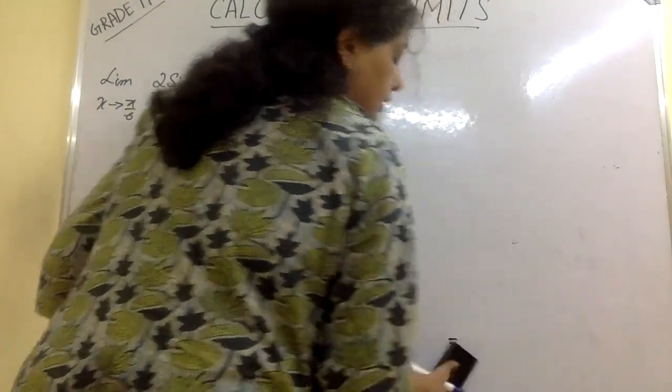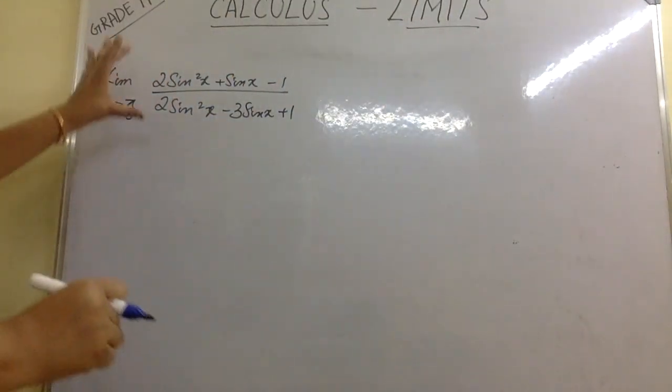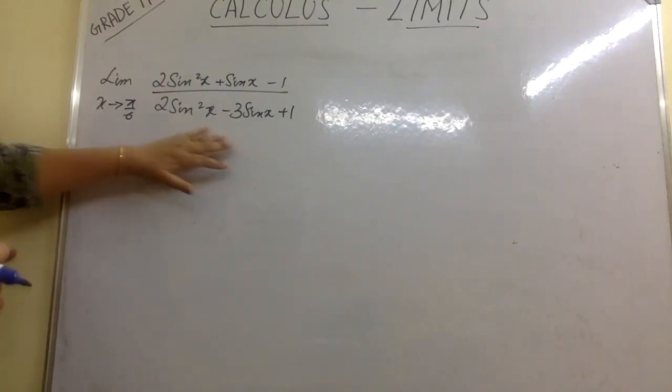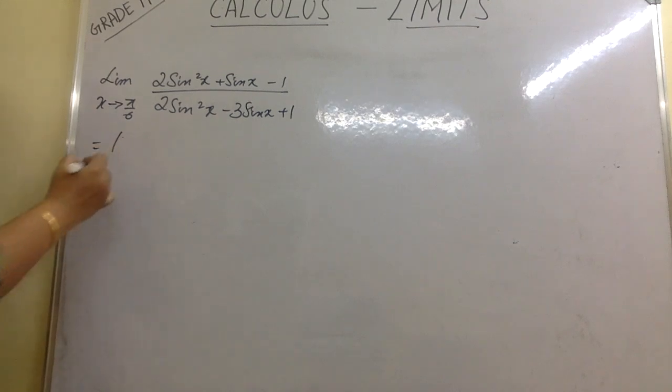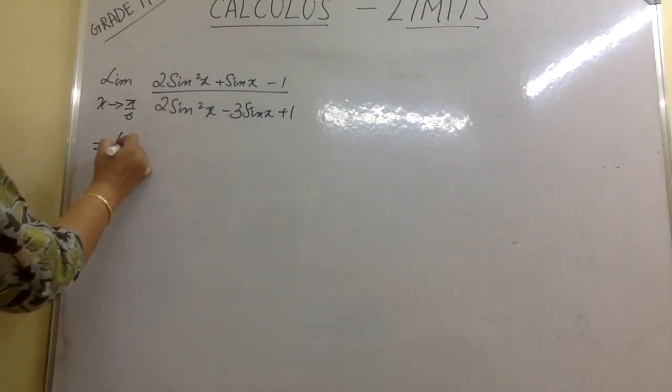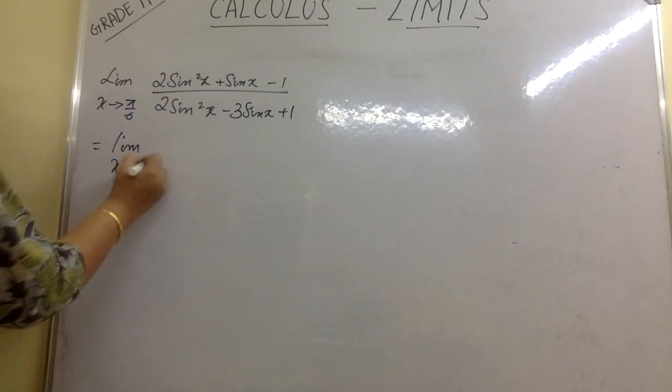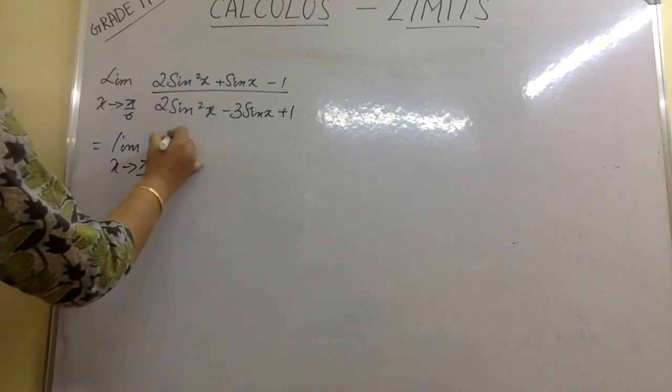Let's see what it is. The moment we look at this sum, we know there is some splitting of the middle term going to be happening in this. So here we have limit x tends to pi by 6 of 2 sin squared x plus sin x minus 1 by 2 sin squared x minus 3 sin x plus 1.